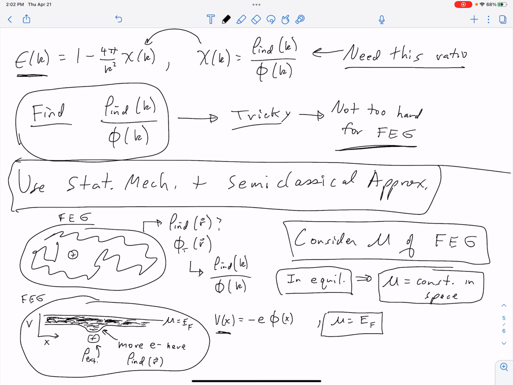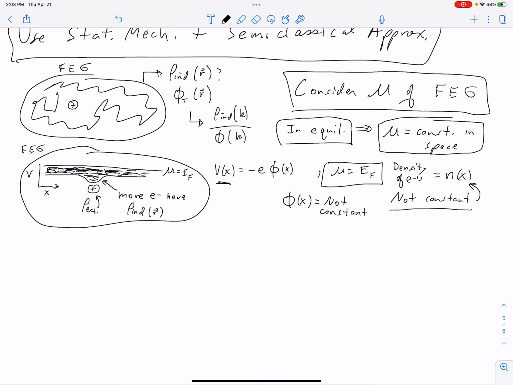But on the other hand, the density of electrons in space, n of x, is not constant. So there's something funny here: the chemical potential is constant, but phi of x is not constant in space, and the density of electrons is also not constant.